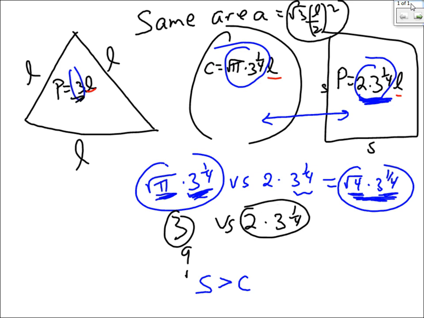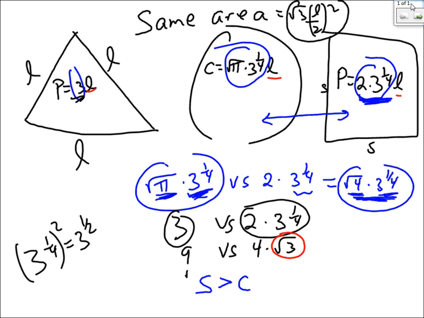When I square the left side, I get 9. When I square the right side, 2 squared is 4, and 3 to the 1/4, squared: a quarter times 2 is a half. This is the square root of 3. Now, to have equality, this has to be 2 1/2, since 4 times 2 1/2 is 9.